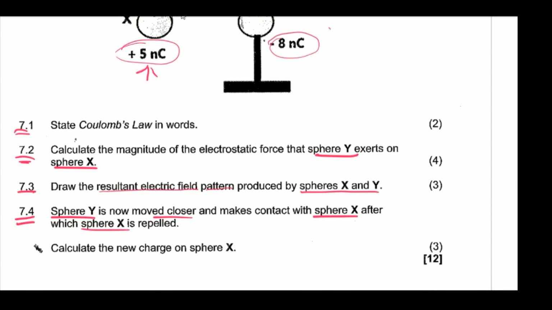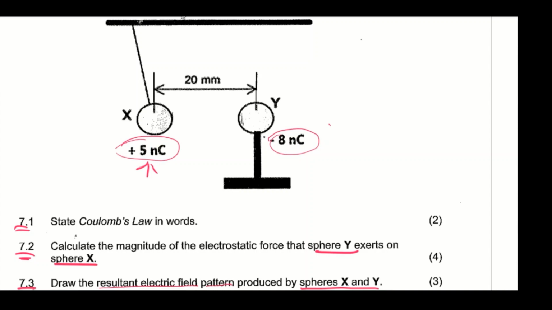Now 7.4 states that sphere Y is now moved closer and makes contact with sphere X, after which sphere X is repelled. So calculate the new charge on sphere X. So what's happening here is this sphere Y is brought closer to sphere X, and when they combine together, they now have the same charges, right? We all know that different charges attract and like charges repel, right?